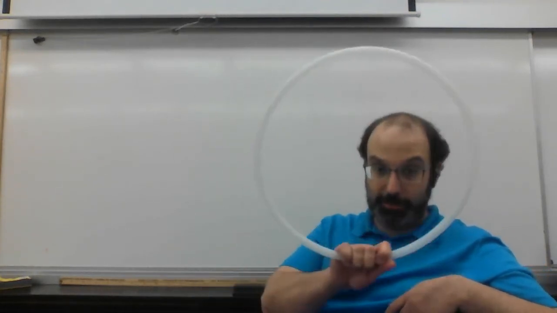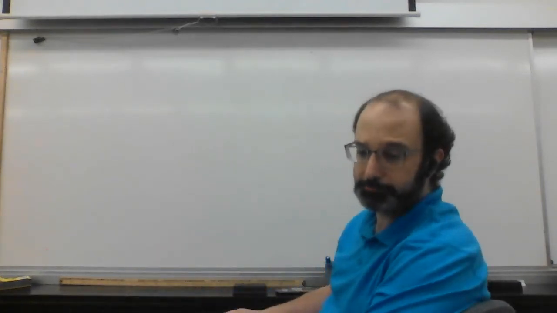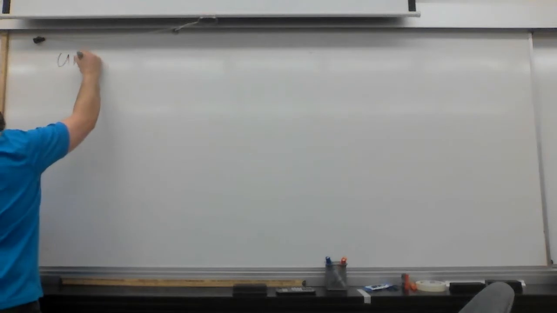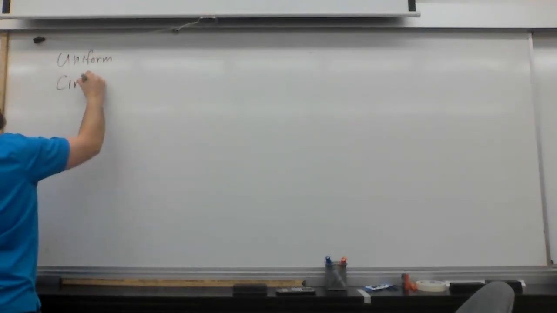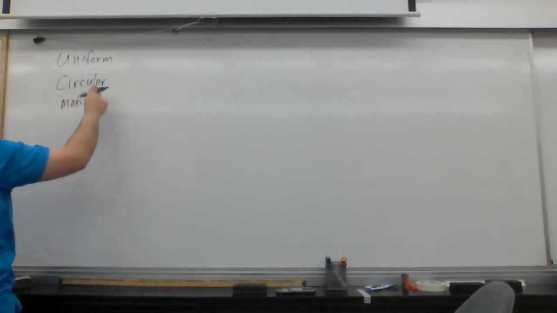But in order for us to talk about circles, which you're going to get tired of hearing by the time we get to the end of this, we do need to put down some basic ground rules. Okay? So first things first, we're only going to be dealing with what we call uniform circular motion in this particular course. Uniform circular motion. Well, we know what circular motion is.